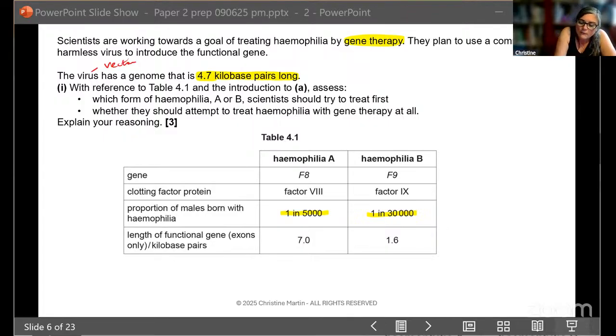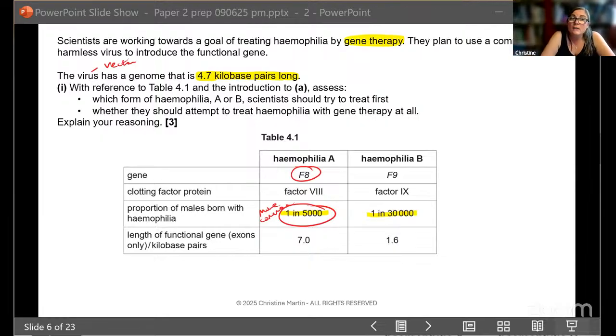However, what they're looking for you to know is, well, this one is more common. Because it's more common, then actually maybe it's better to treat hemophilia A with that one, insert that gene, the F8 gene, rather than inserting the F9 gene.